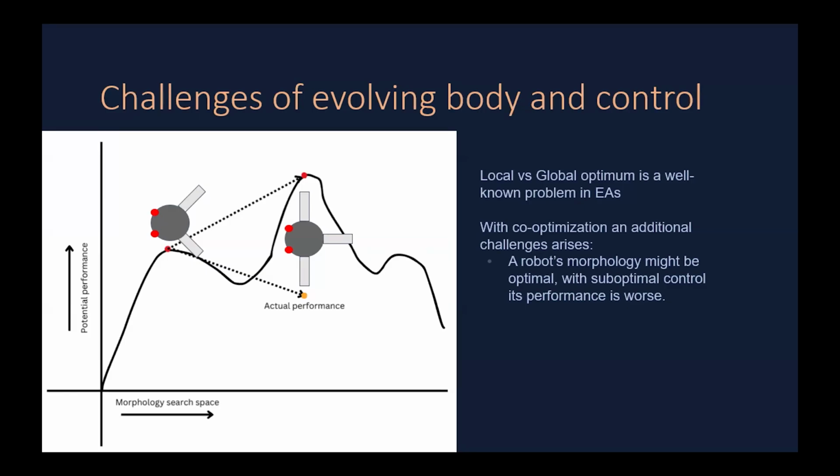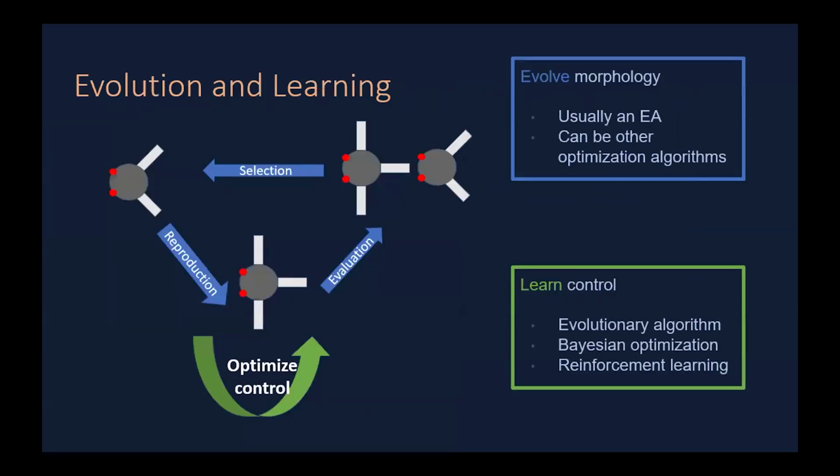This local to global optimum problem is well known in evolutionary algorithms in general. However, with these two components, an additional challenge arises: even though we have found a global optimum morphology-wise, it will still be discarded because its control is not optimized.